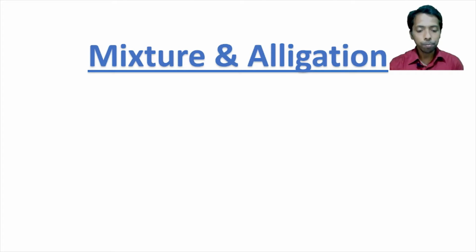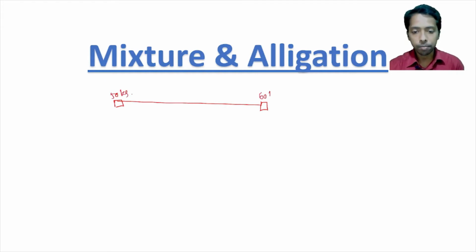Now, first of all, just understand this image here. If one weight is here and one weight is put here, supposedly here is 50 kg and here is 60 kg.